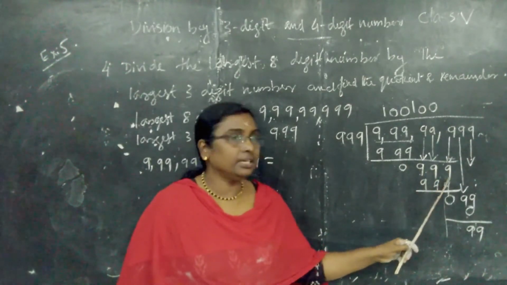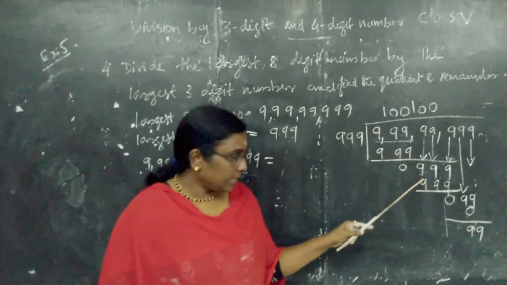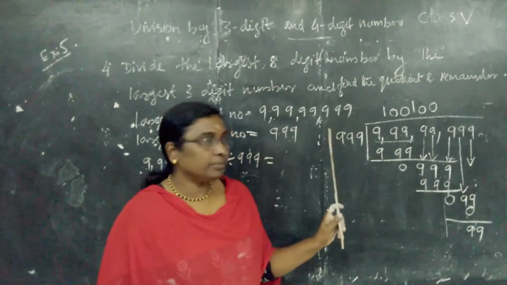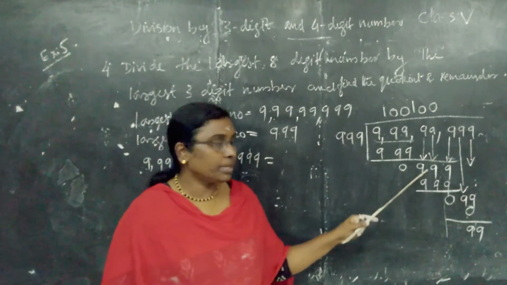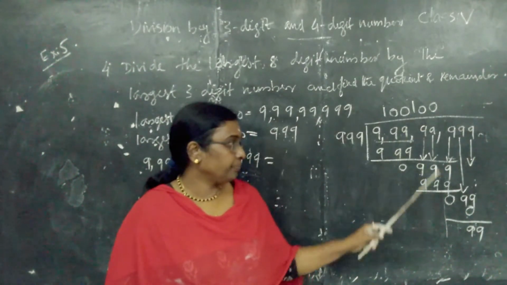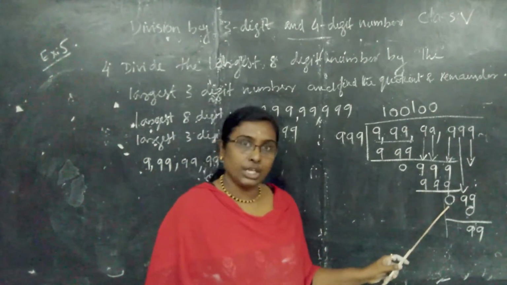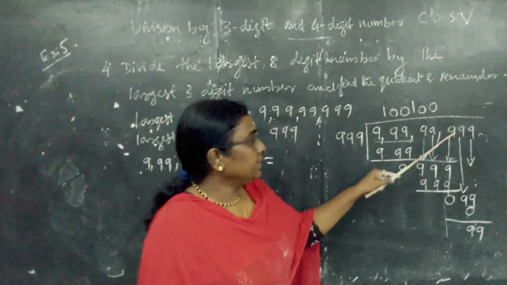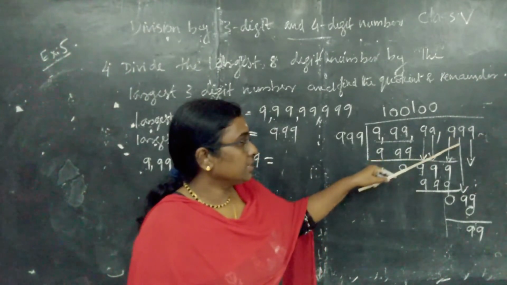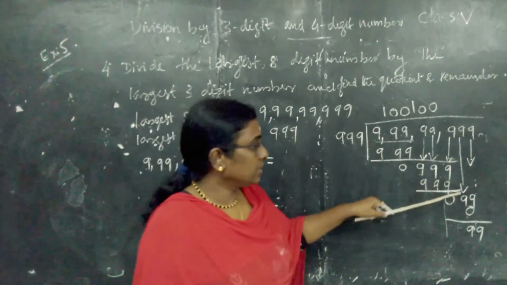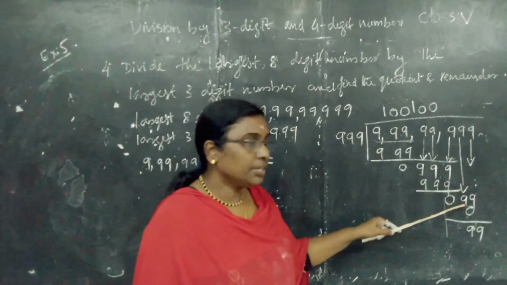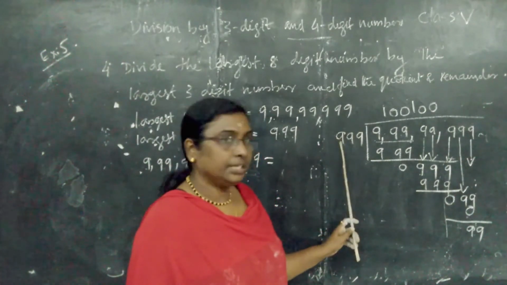Now it becomes 999. Now we can divide this number by the divisor. How many times? One time. 999. Then subtract. The remainder is 0. Then write the next digit, the second last digit, 9 here. We can't divide 9 by the divisor.